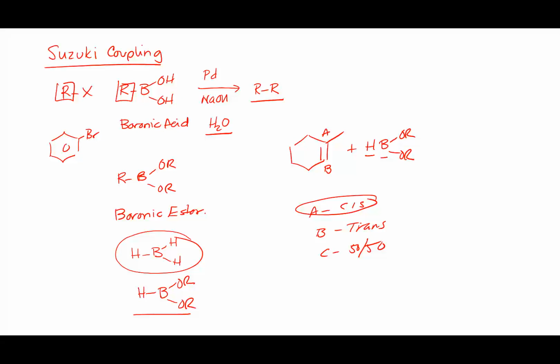So the hydrogen is going to end up adding to carbon A. So here's what's going to happen. The hydrogen is going to add to carbon A, and then the boron with the two OR groups is going to add to carbon B, but they are going to add cis.